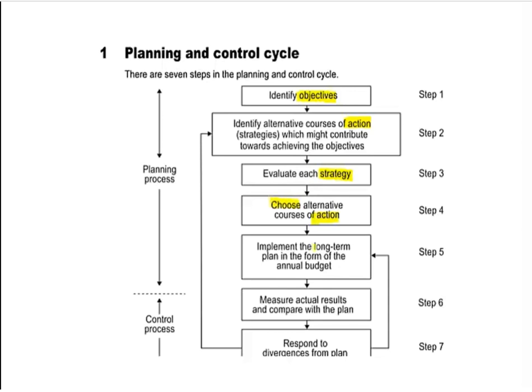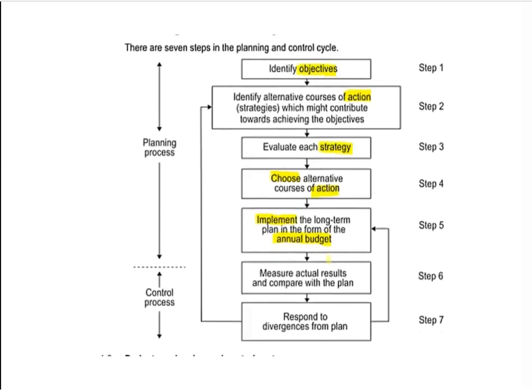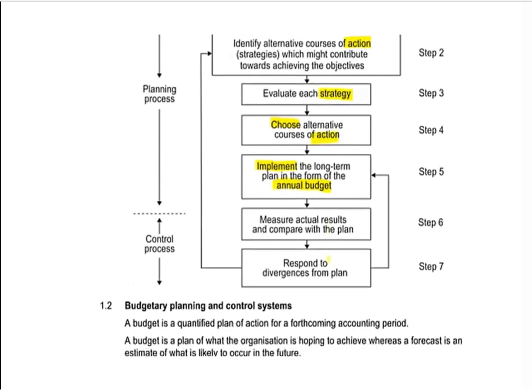And it will then need to think about the implementation of that choice, and that's going to be expressed in part through the budget. So we're quite a way through, or at step 5, thinking about the preparation of the budget. Later in the course then, we'll be looking at comparing our actual results with the plan.